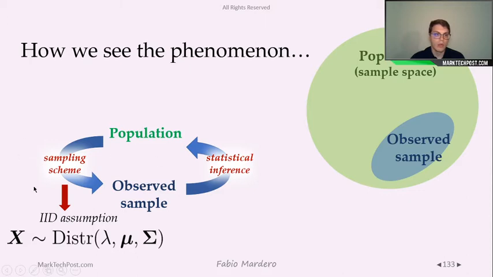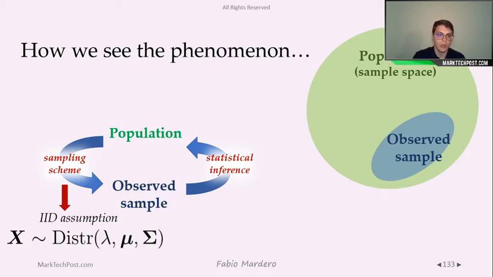So, we have now covered the first part, from population to observed sample through the sampling scheme, and in the further slides we will assume that the distribution of the sample is independent and identically distributed.